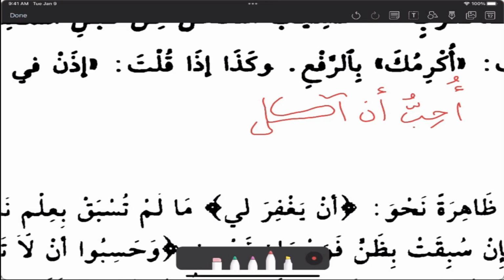This longer shape of kaf. Uhibbu an akula. So we have here this an, which is an al-masdariyah, and this verb akula. It means I like or love, that's uhibbu, and akula, eat.